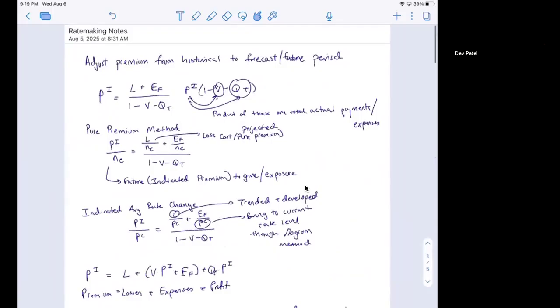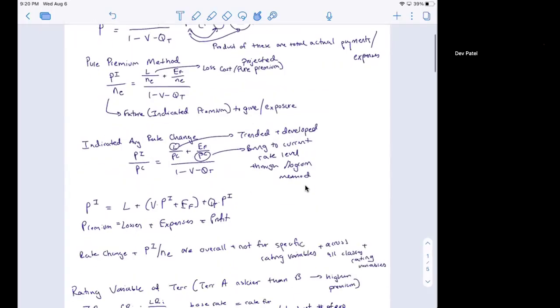And again, conceptually, we have a rate, and we want to see what the rate would be in a future or forecast period. So those two methods are pure premium and loss ratio. Now, for different classes, there may be different rates, because each one introduces a different level of risk.